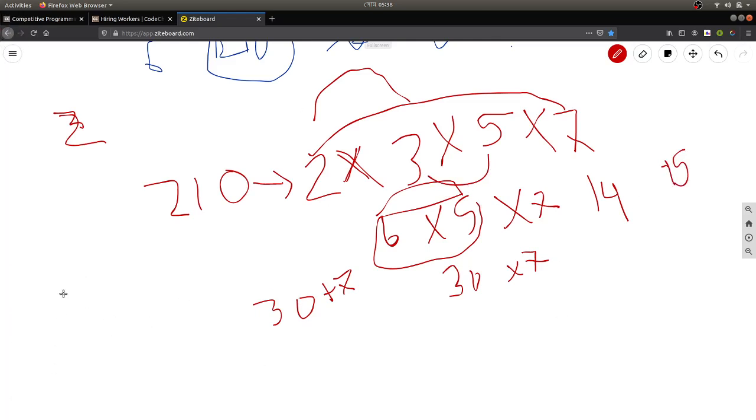The number x will be up to 10 to the power 6.